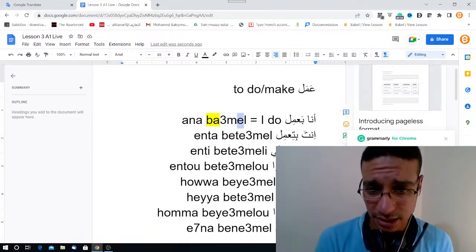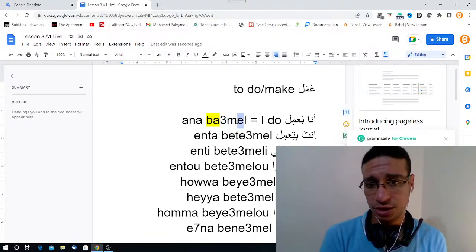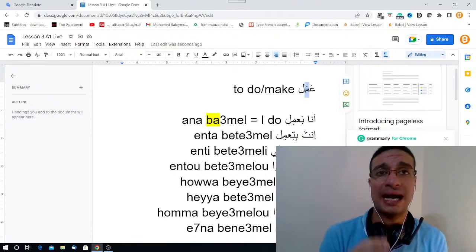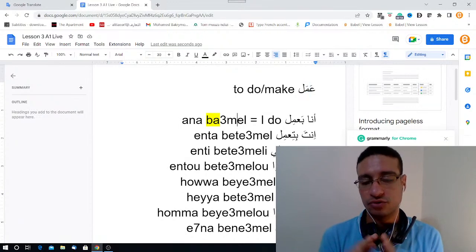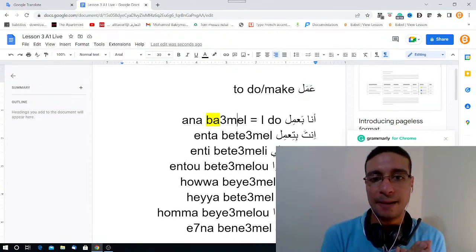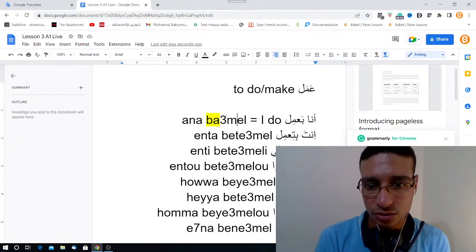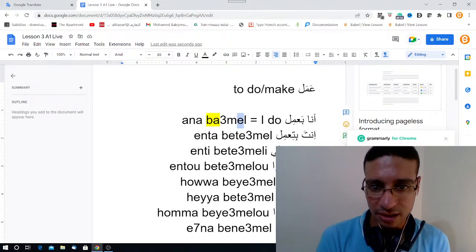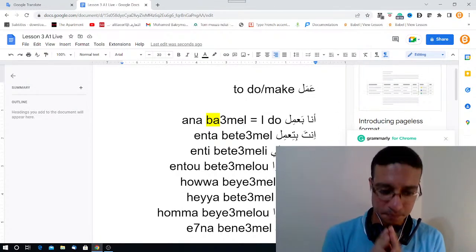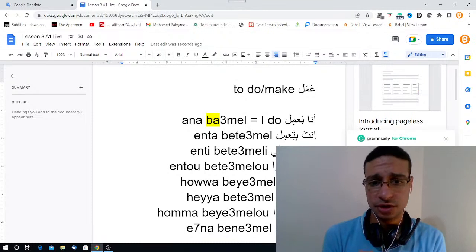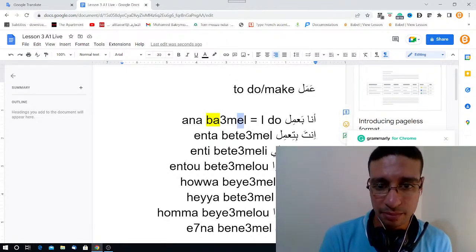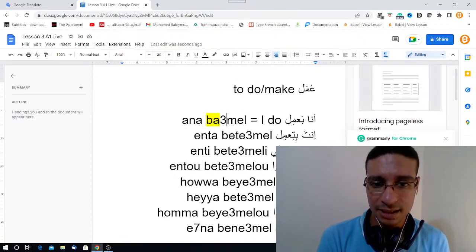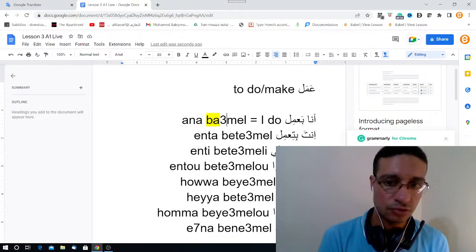Actually, this vowel has changed from fatha, from amal, to kasra, from a to i. So ba'mil, not ba'mal. This is in Egypt, and this is not for all the verbs, but for most of the verbs it's i, ba'mil. So this is the prefix for ana.